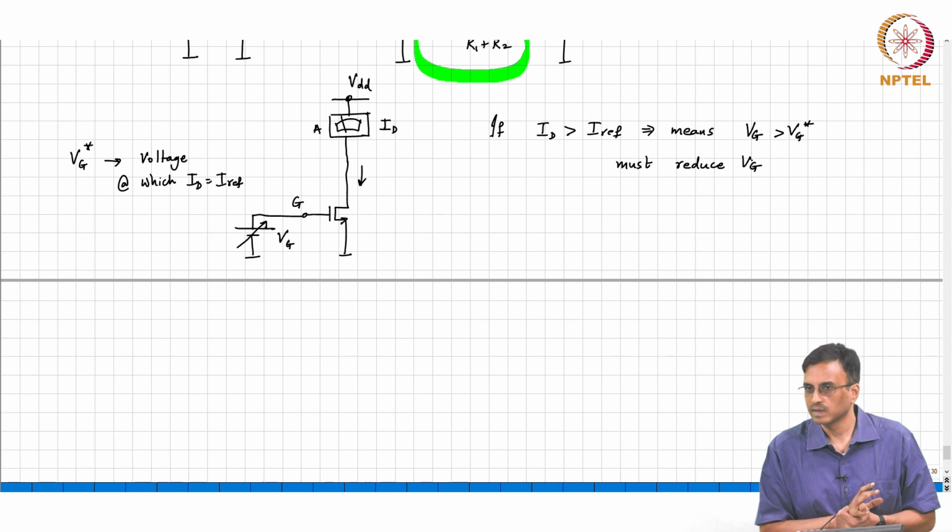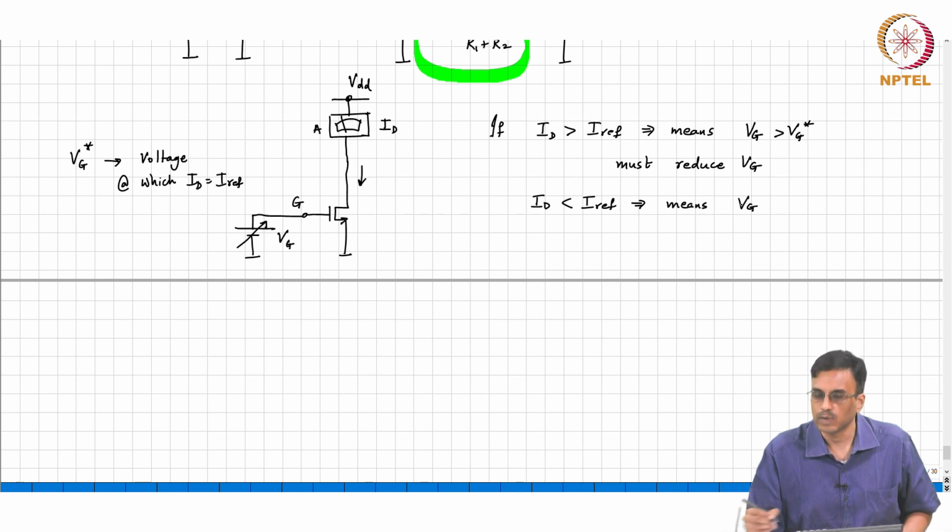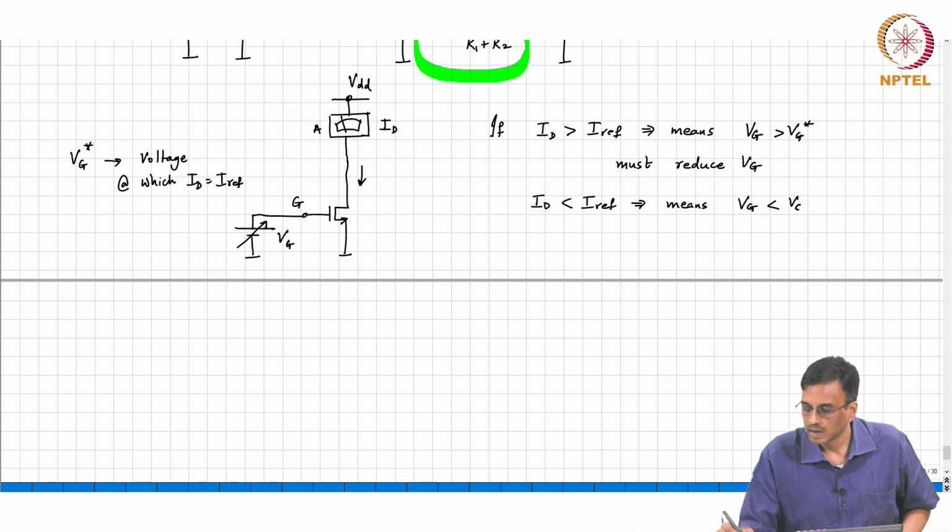Does it make sense? On the other hand, if ID is less than Iref, what does it mean? It means that the gate voltage is too little, and therefore I must increase Vg.